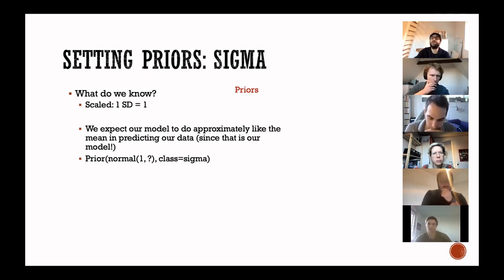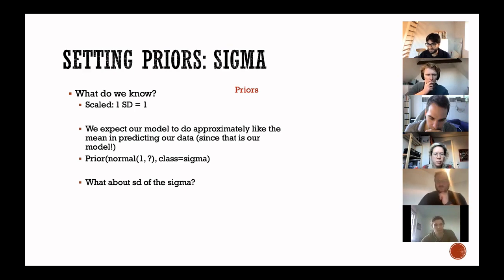But what should we expect our uncertainty in the size of the average error to be? I don't know, does anybody want to have a go? It's not intuitive, so it's absolutely okay if you don't have an intuition so far.